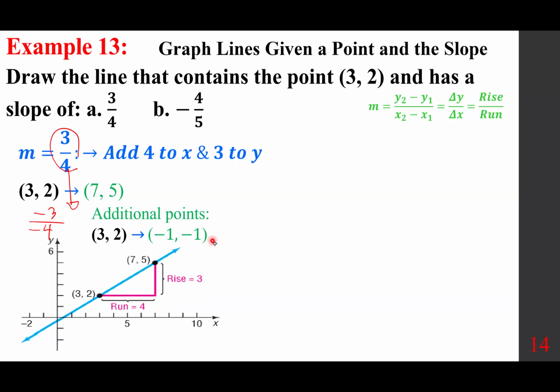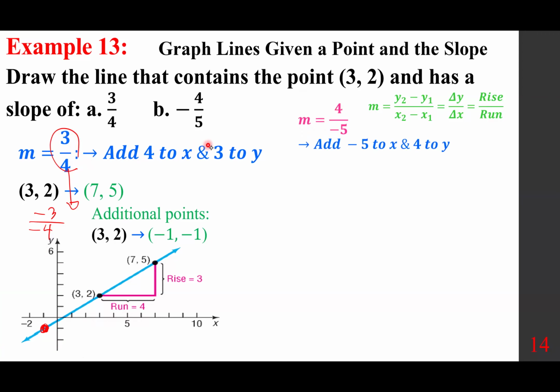That's another point. Somewhere there. Or you can think of it as 6 over 8, add 8 to x and 6 to y. I mean, there are infinitely many points you can do.